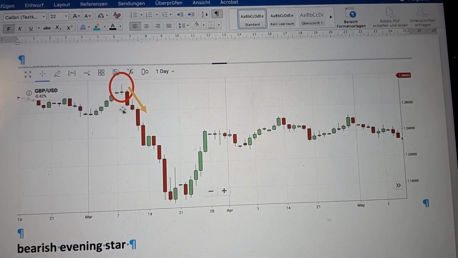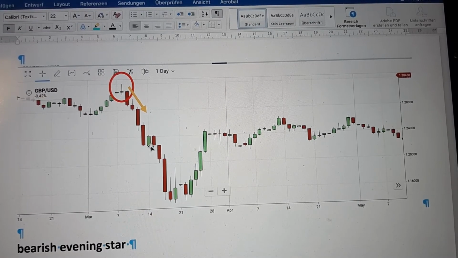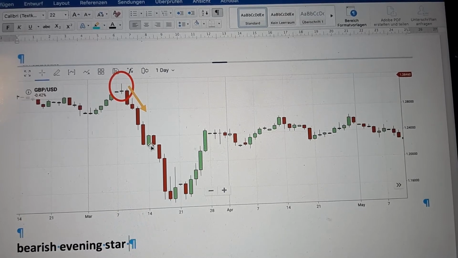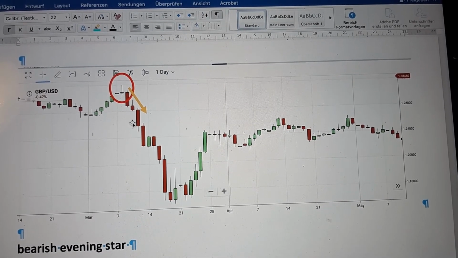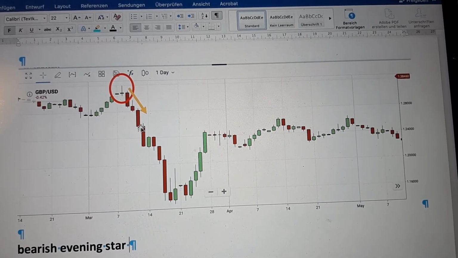In combination with the bearish evening star, this is a clear confirmation of the overall downtrend to basically continue. And this pattern as well might be a trigger for a broader scale downtrend. That is also the reason why it is so reliable.